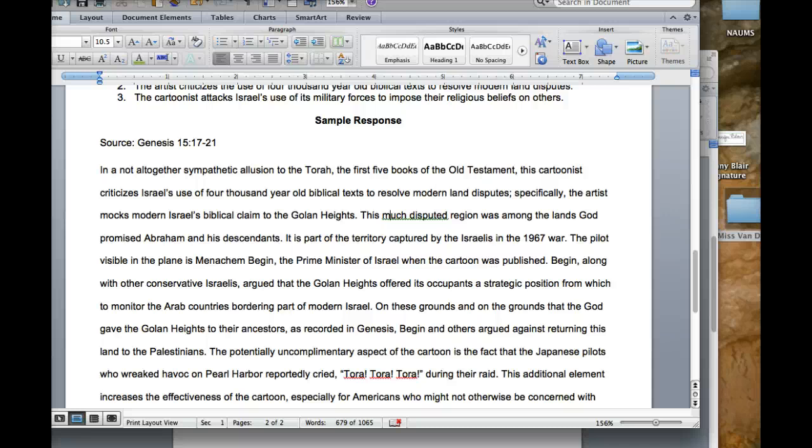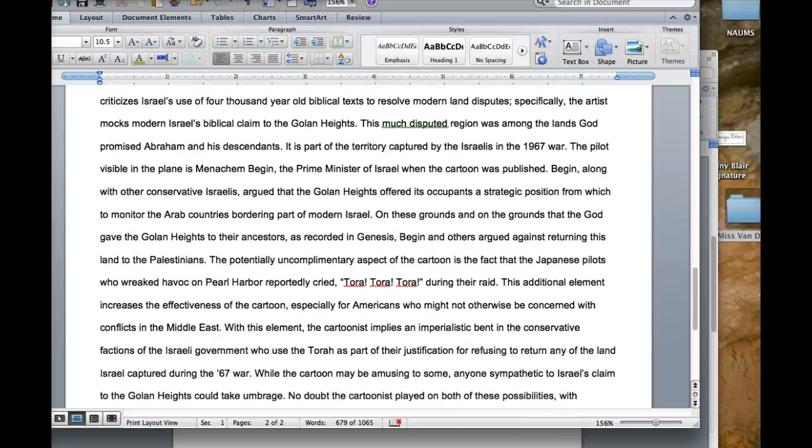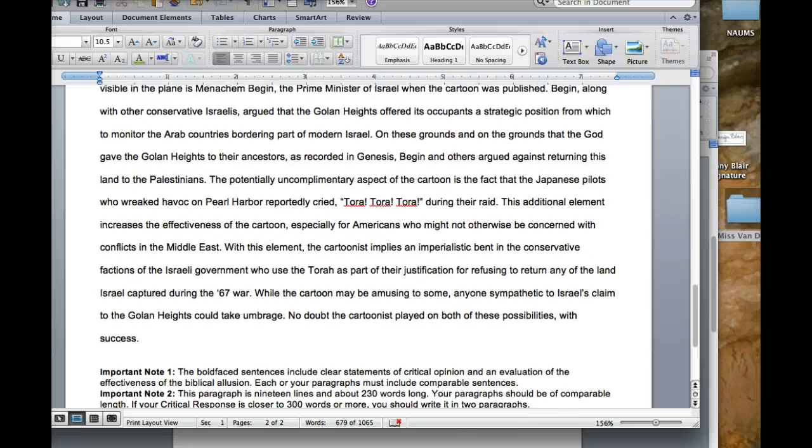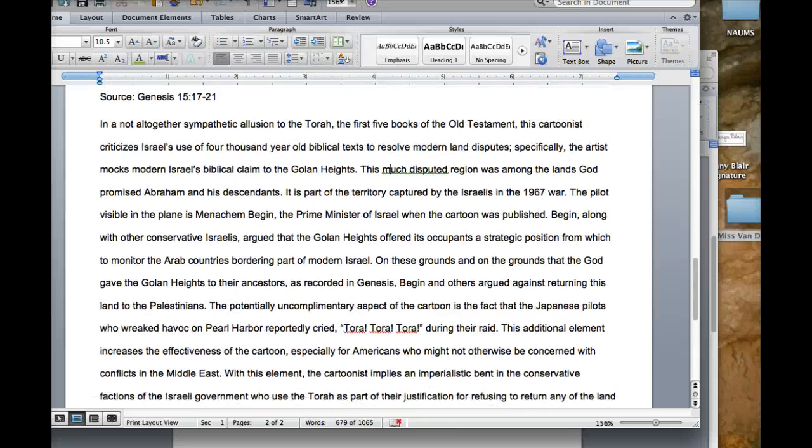It's okay if you have to look up these things and you don't know every single piece of history about your allusion. I highly encourage you to look up whatever you can to help you write these. But please include your MLA citations at the end of each critical response. So if you used a source, you would just put it down here. Then this author goes on to talk about the concrete details.